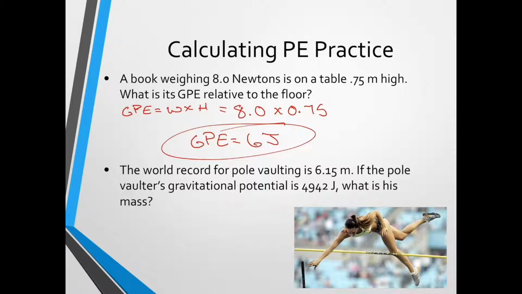So the world record for pole vaulting is 6.15 meters. If the pole vaulter's gravitational potential energy is 4,942 joules, what's his mass? So now we are given the GPE and we want to know what the mass is. So we could rearrange the equation.